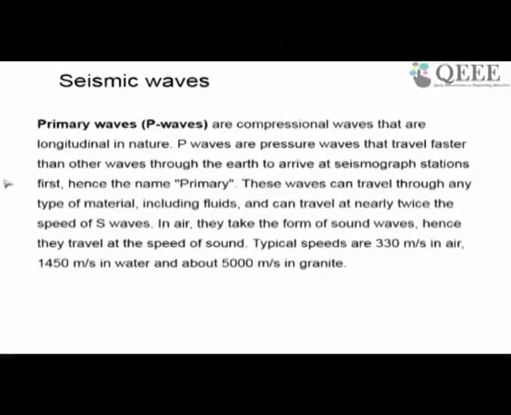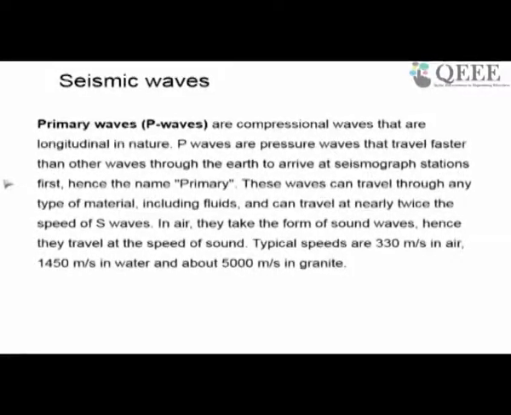In air, it takes the speed of sound waves. When it is in air, it is almost the same as sound waves, and they travel at a speed of 330 meters per second, 1450 meters per second in water, and about 5000 meters per second in rock like granite.